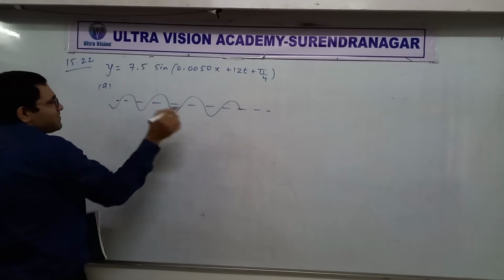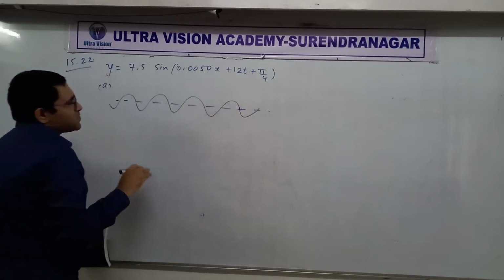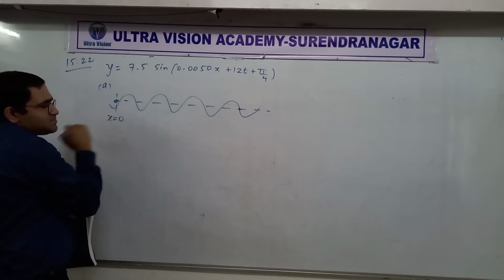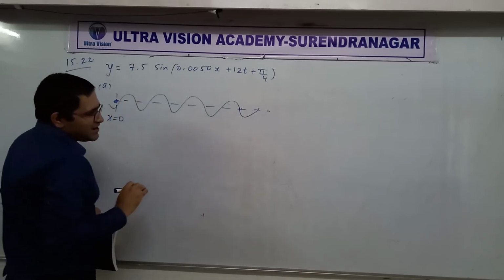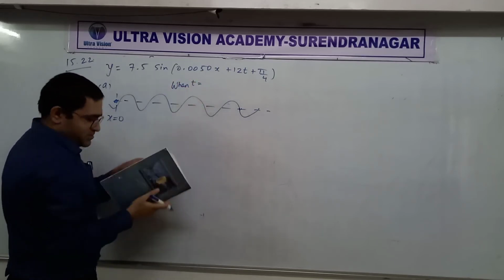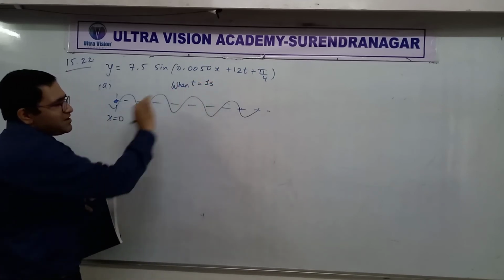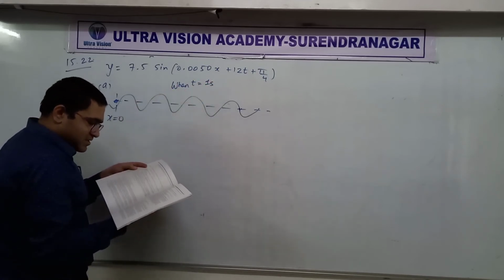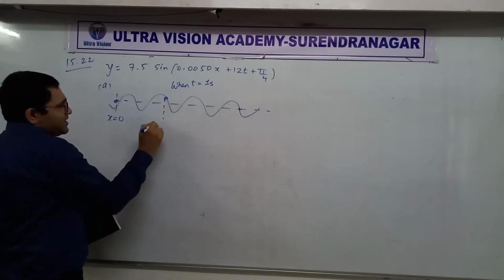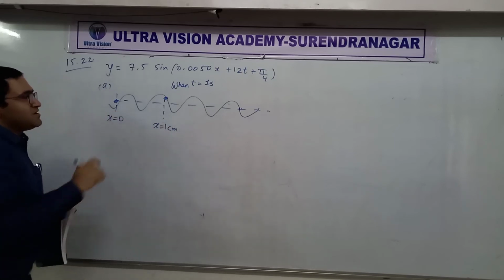Somewhere here suppose is origin, x equal to 0, and now we are asked that when time is 1 second, there is a particle on this string, let's say, right? At what position? Suppose here, where x coordinate is 1 centimeter. Did you understand this so far?